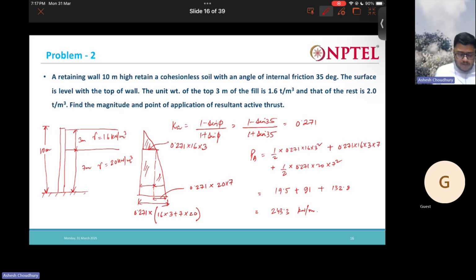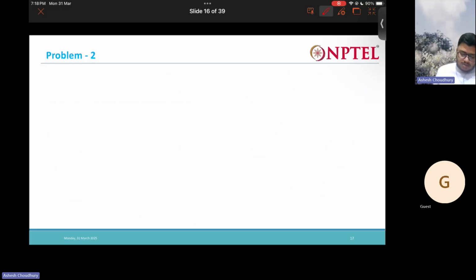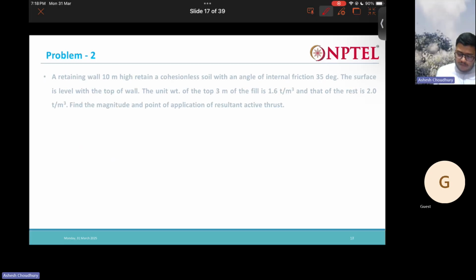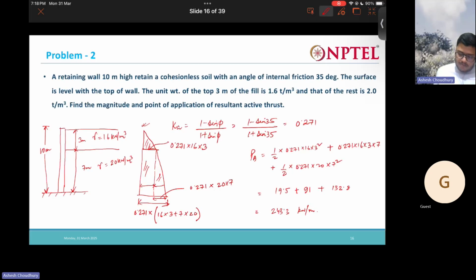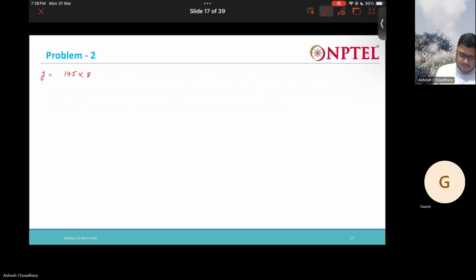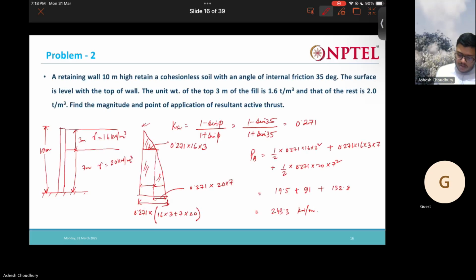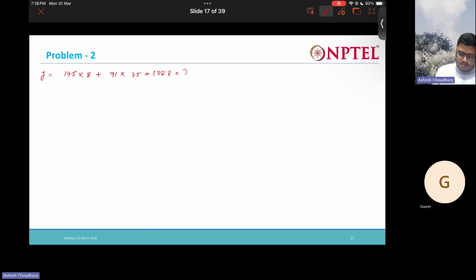That's all. Now if you want to find out the point of application of the resultant, it means the centroid of this particular figure you have to find out. How to do that? 19.5 times how much? 7 plus 3 by 3, that is 8, plus 91 times 7 by 2, that is 3.5, plus 132 times 7 by 3.